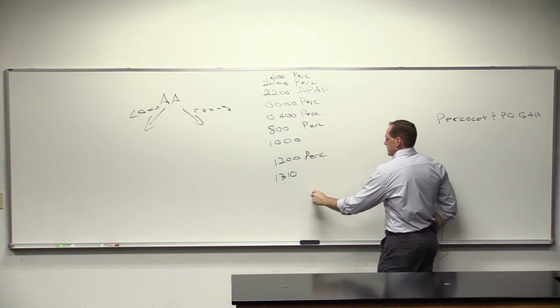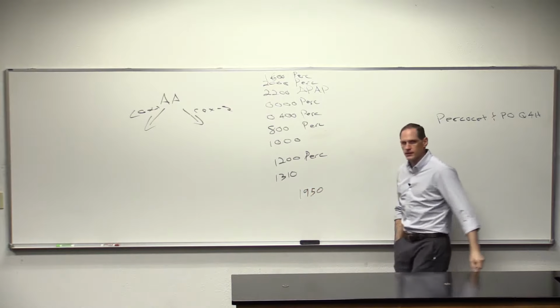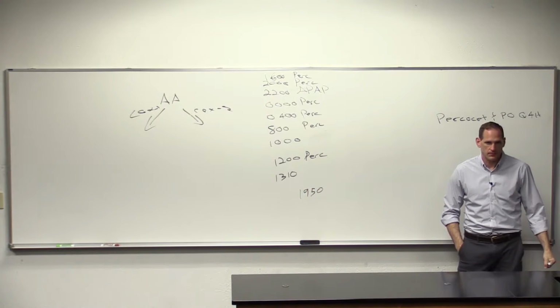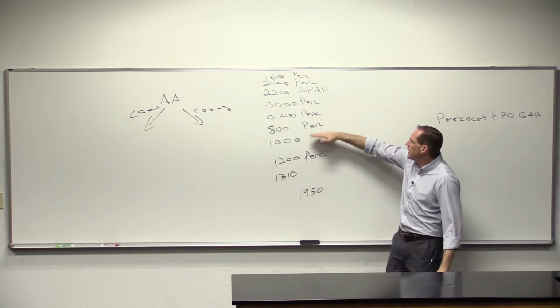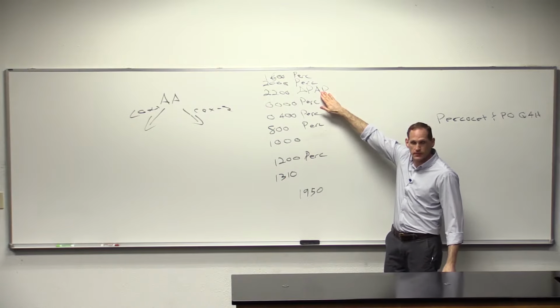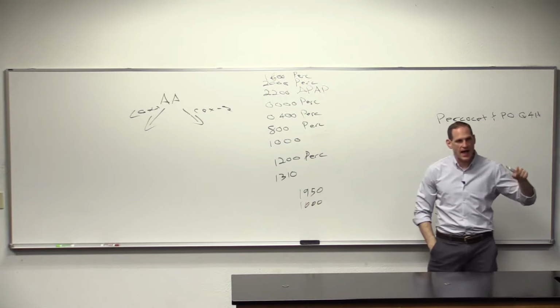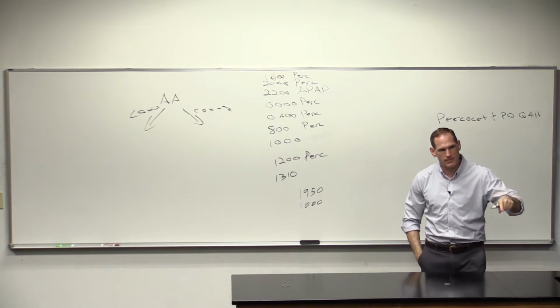So we know that they've gotten 1950 of Percocet acetaminophen. And then how many times have they gotten the other? They got it once. And that's how much? 1,000.